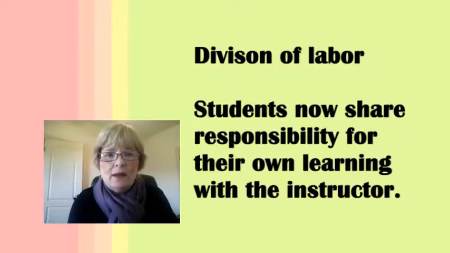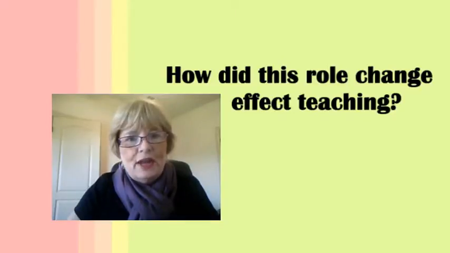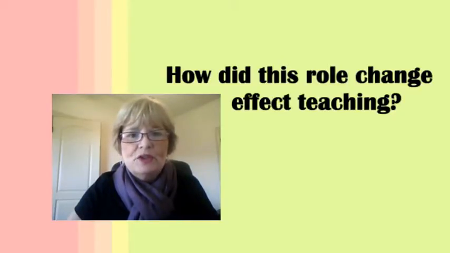And for the first time in education, the division of labor was between the instructor and the student. And this movement began to move us closer to student-centered learning. Think about how the role of the instructor changed at this time in the history of education. Suddenly, the instructor was sharing the communication of knowledge with the students.